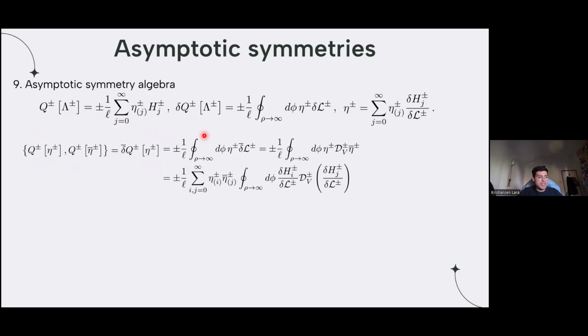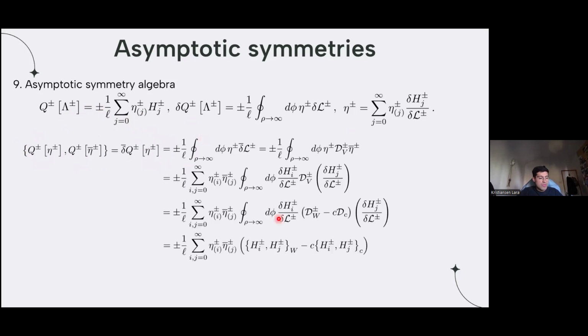I will skip the details, but notice the following: if you compute the asymptotic symmetry algebra, basically you will obtain a Poisson bracket associated to the operator W, and a second Poisson bracket associated to C. And because of the involutive nature of these conserved quantities associated to the integrable system, the asymptotic symmetry algebra will be zero. That's my point.